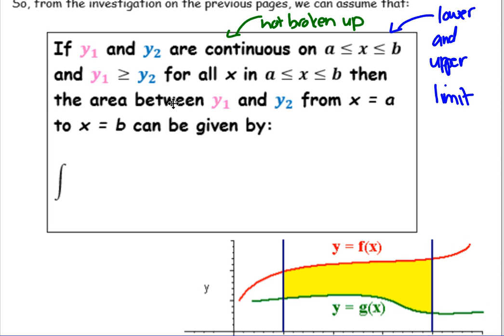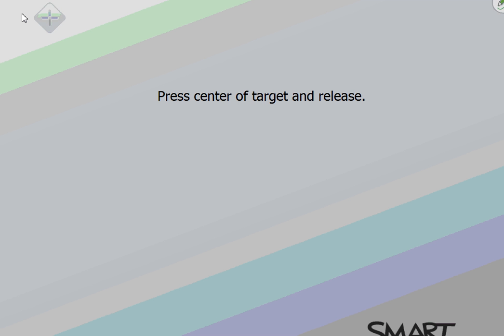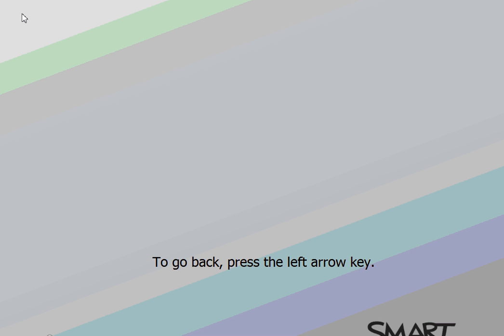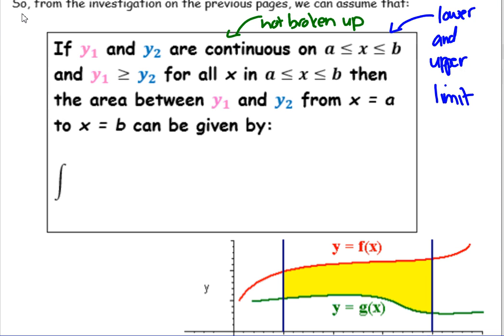Basically what I'm trying to write here is Y1 sits above Y2. That's what that means. Y1 sits above Y2.